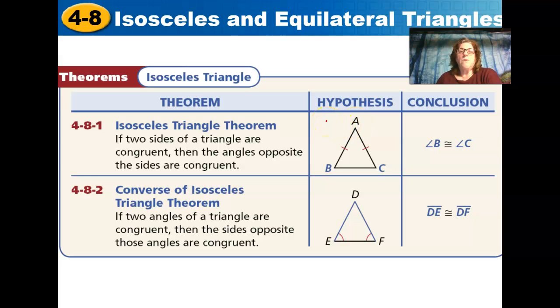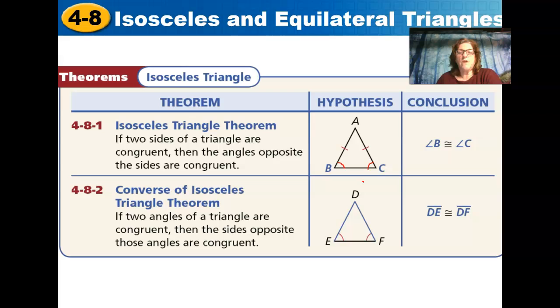So here, when we take a look at the isosceles triangle theorem, it states that if two sides of a triangle are congruent, then the angles opposite the sides are congruent. So in this diagram, it's given that side AB is congruent to side AC. Our conclusion would be that angle B and angle C are congruent to one another.